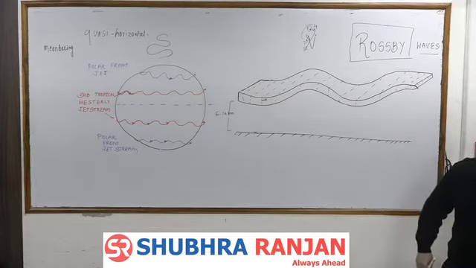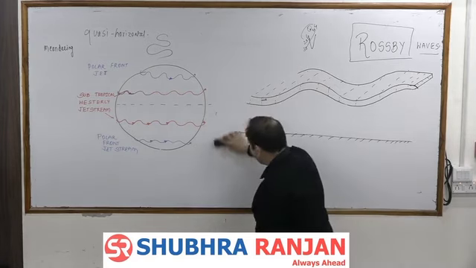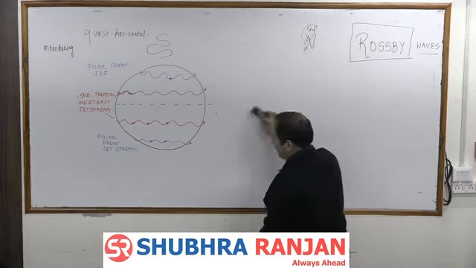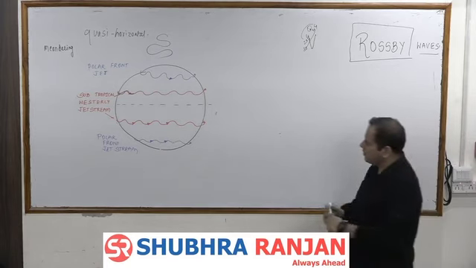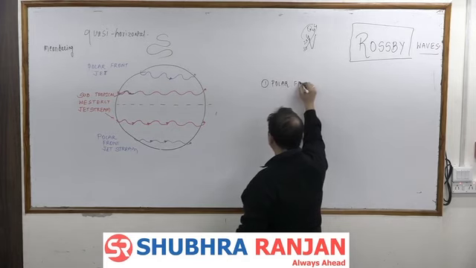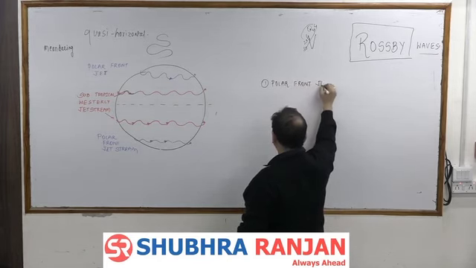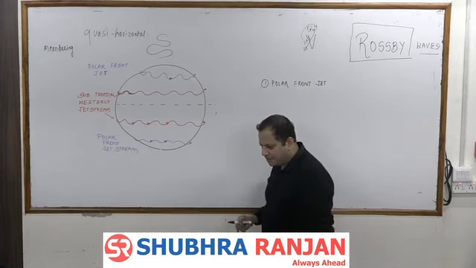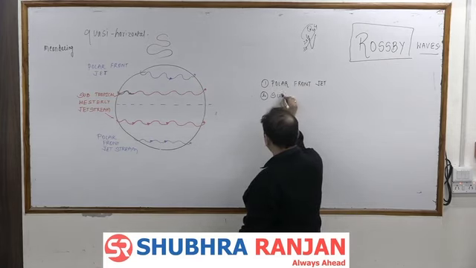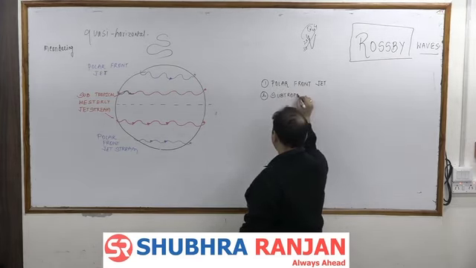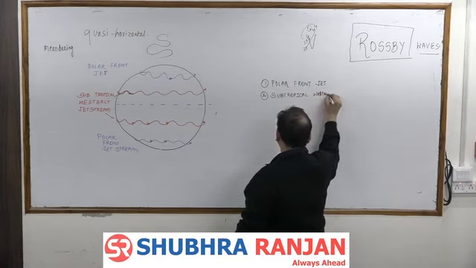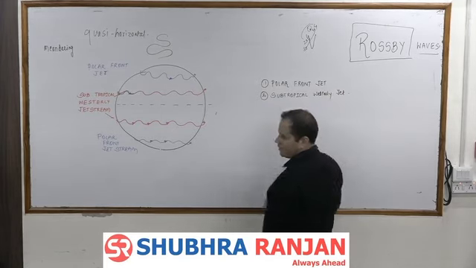the four major jet streams are: 1, polar front jet. Second, subtropical westerly jet.